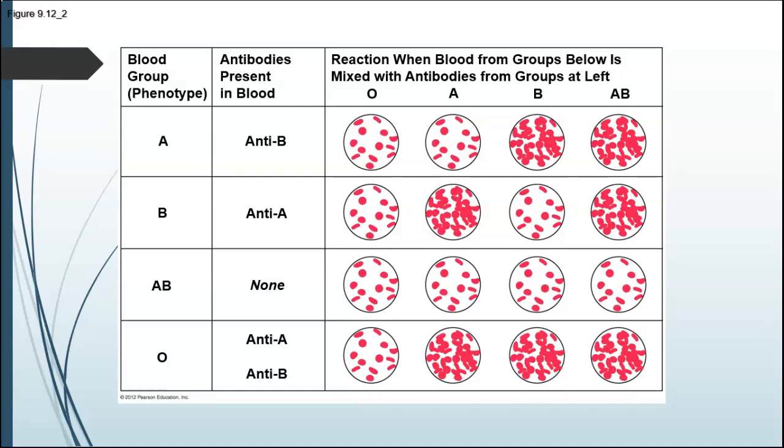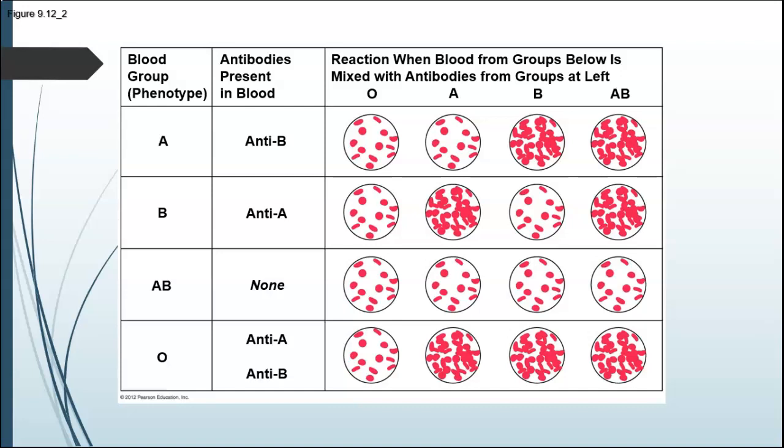Type O blood is often called the universal donor because any other blood type can take blood from a type O person. And type AB is called the universal recipient because the type AB person can take blood from anyone. Again, I will reiterate, that does not generally happen except in an extreme emergency.